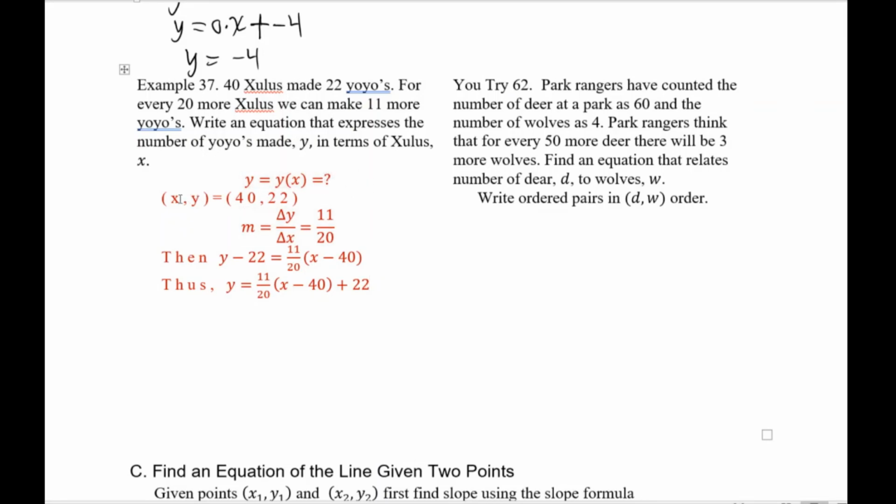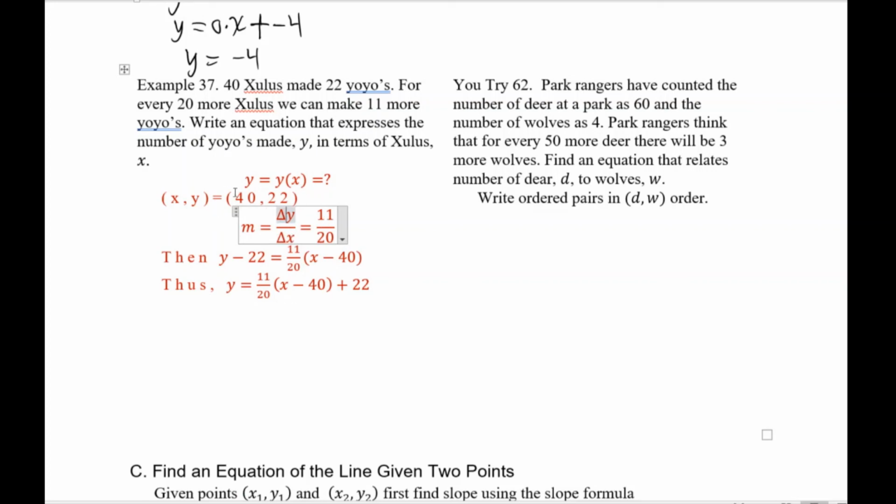We can write this in our x comma y order. When we have 40 x's, there's also going to be 22 y's, which means that 40 comma 22 is a solution to the equation, or a point on this line. When we make every 20 more Zulus, we can make 11 more yo-yos, means that for every change of x of 20, we have a change in y of 11.